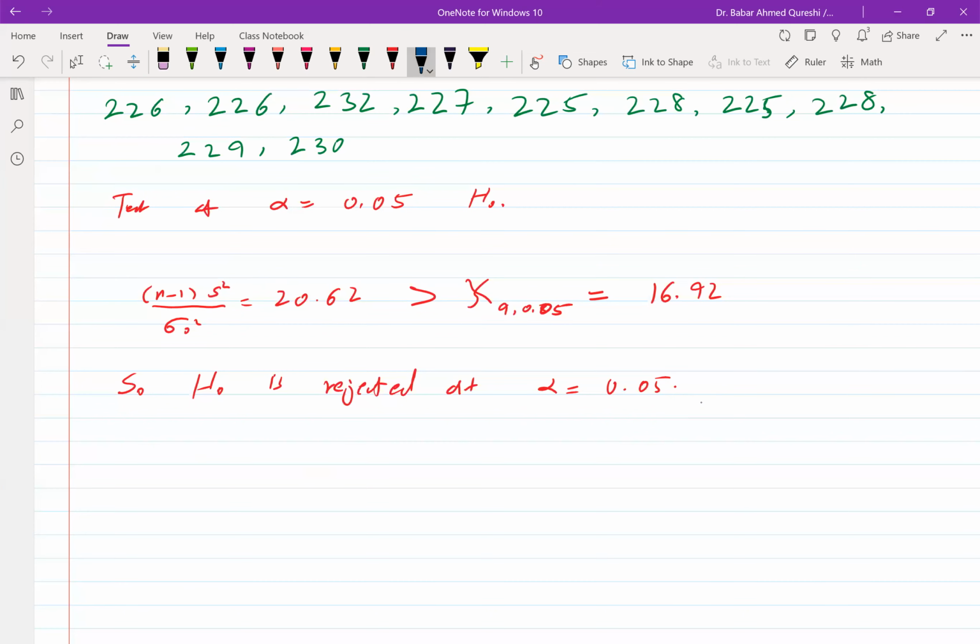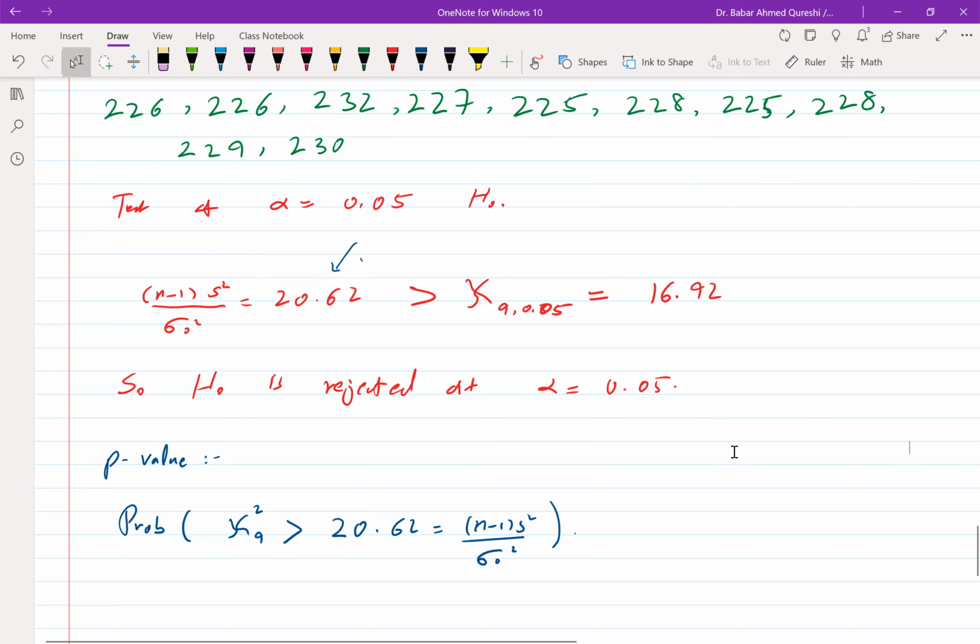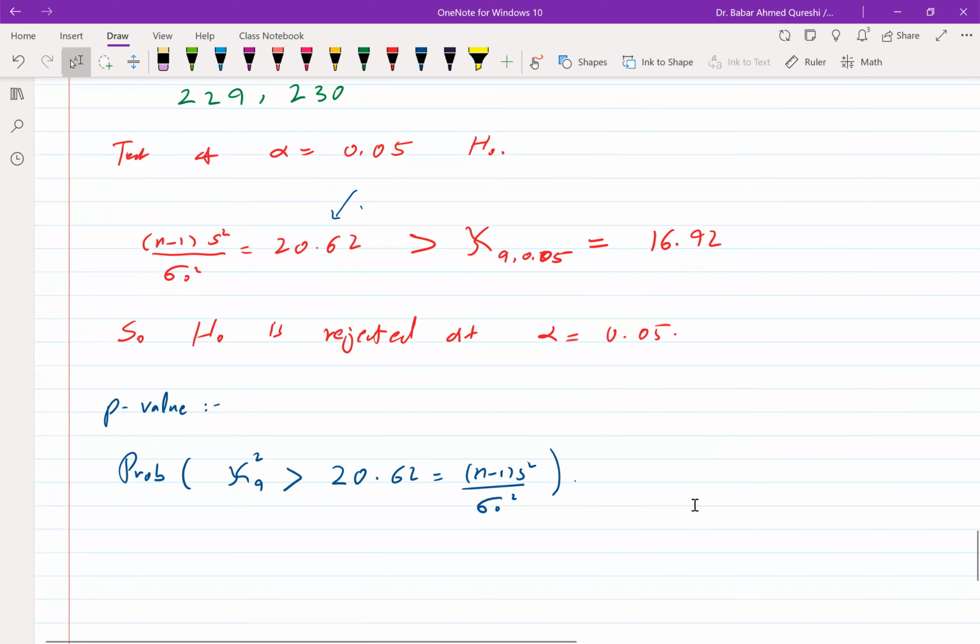But I can also compute the p-value. So that would be the probability that chi-square 9 is greater than this sample value, 20.62, so we can easily compute it by going to SPSS again.